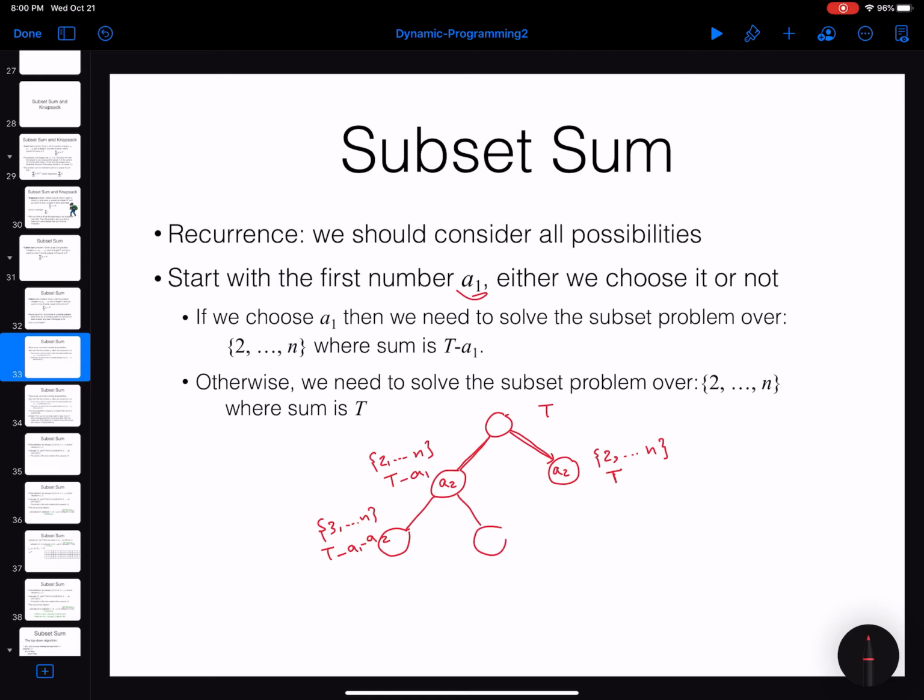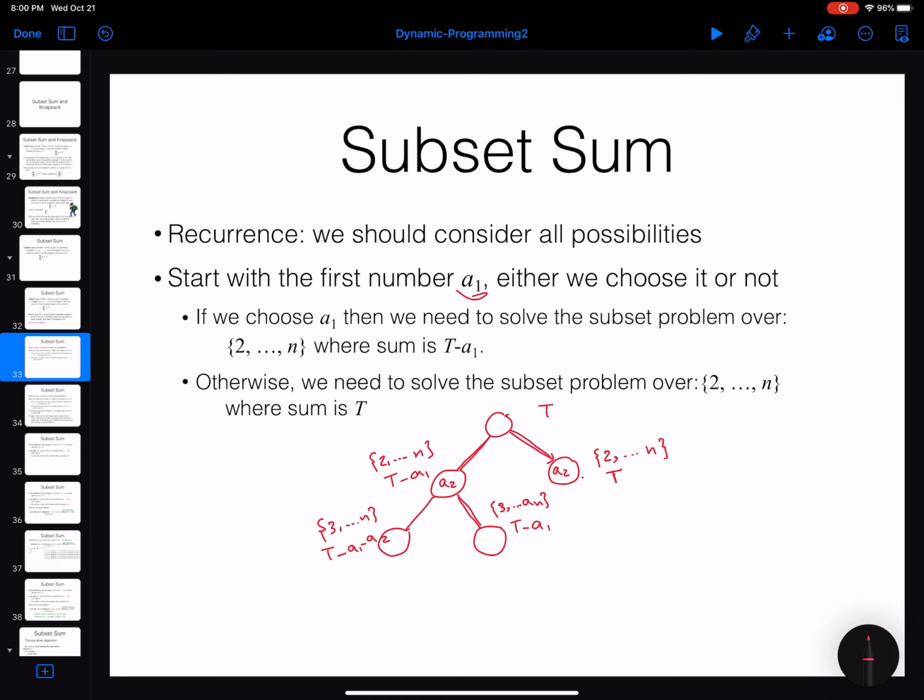Another subproblem is that you have already taken A1, but you are not going to take A2. So you solve a problem with all the items from A3 to AN, but the summation is going to be T minus A1. I took A1 and decided not to take A2.